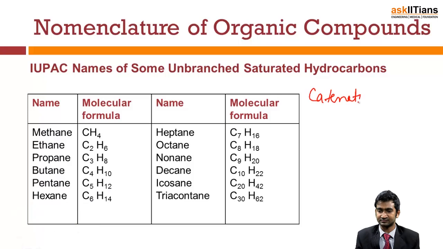Catenation property. This property is responsible for the very large number of organic compounds, carbon compounds. And why does carbon show the catenation property? The reason is bond enthalpy, guys. Bond enthalpy.